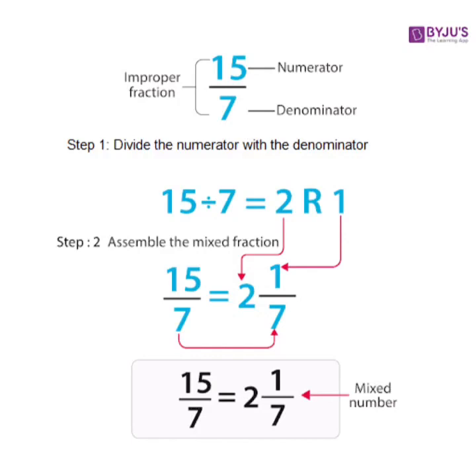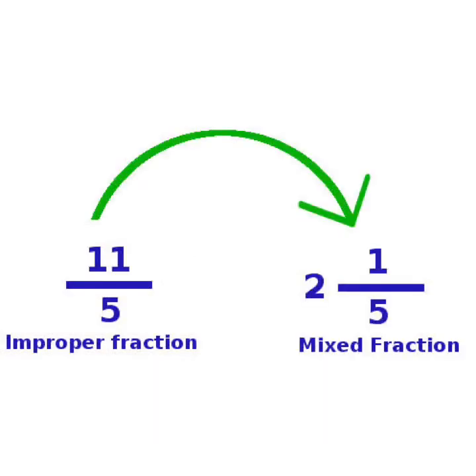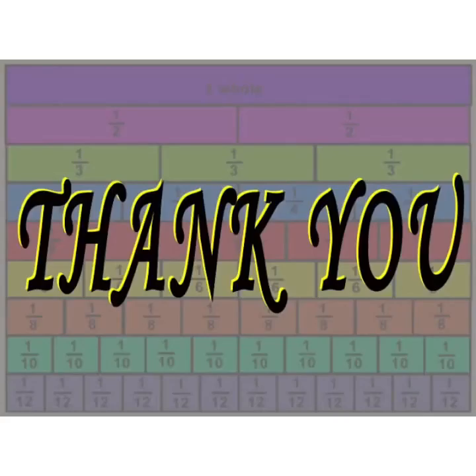After dividing 15 by 7 we get 2 as the quotient and 1 as the remainder. So how will we write this as a mixed fraction? 2 whole 1 by 7 more. Here in this slide you can see that, children, only an improper fraction can be converted into a mixed fraction. A proper fraction cannot be converted into a mixed fraction.